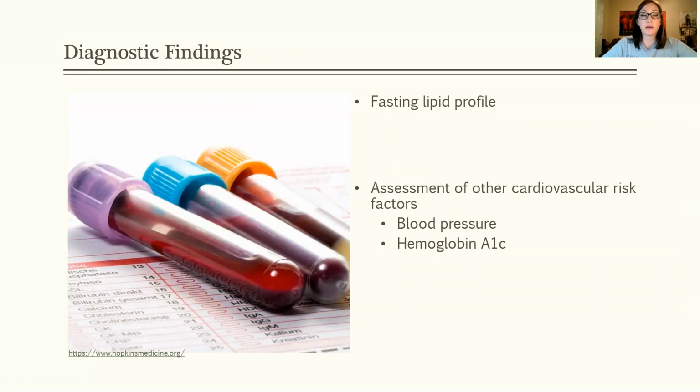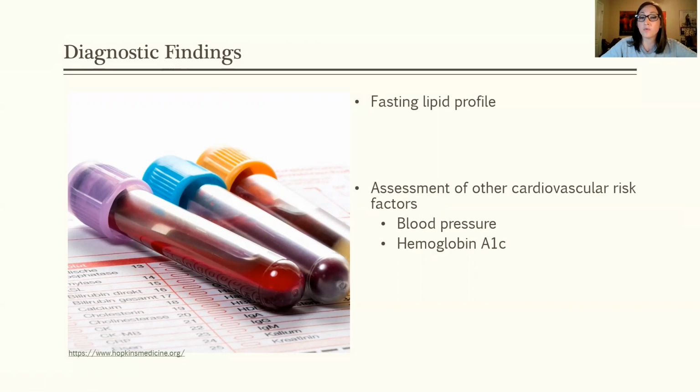Diagnostic findings with hyperlipidemia. So essentially with a fasting lipid profile, when you're looking at all of those lipoproteins on the blood work, like I showed in the previous slide with those different levels, you're looking for low HDL or elevated LDL and triglycerides.